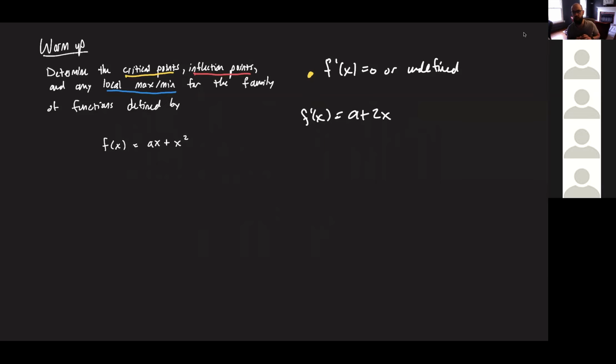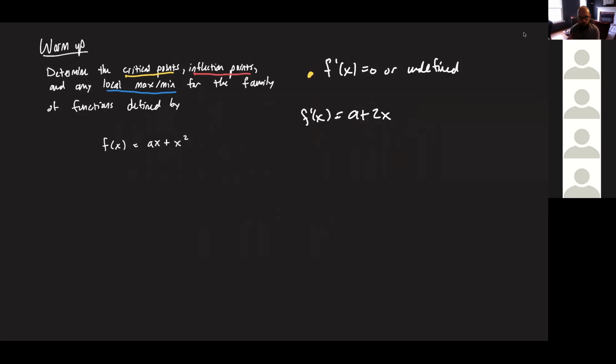Okay, now this is a polynomial, right? It's a quadratic function. Derivative is always going to exist, and we can see that through the formula, right? There's no time that I'm going to get anything outside of the domain, right? So things like taking the square root of a negative number, dividing by 0. There's no weird trig functions in here.